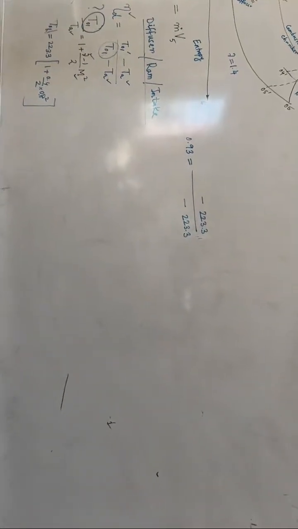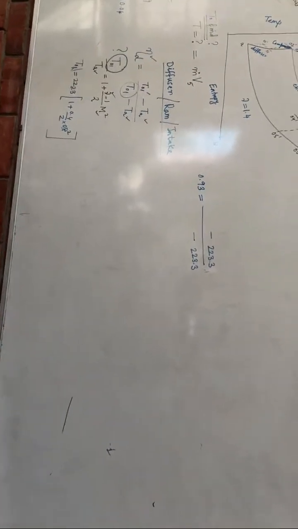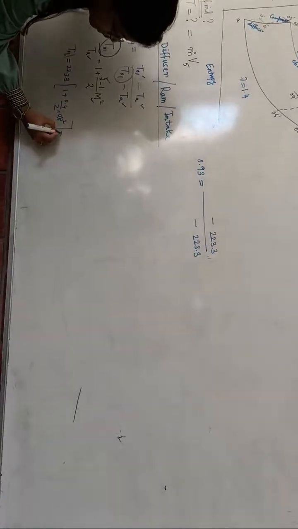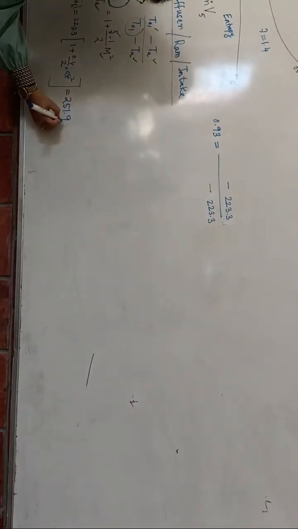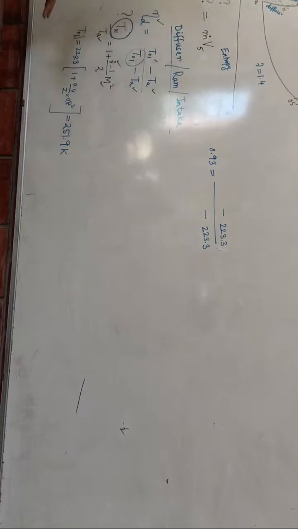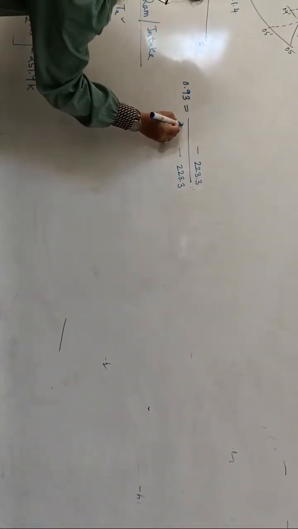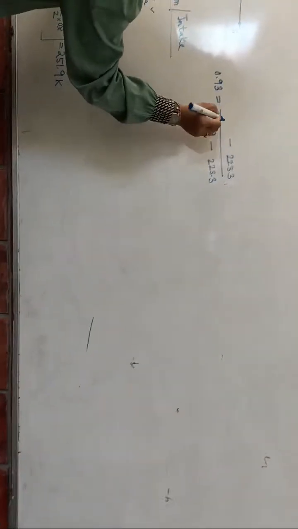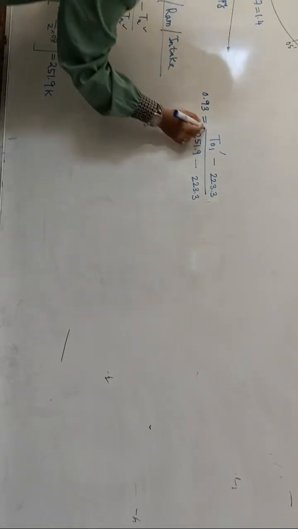What's the answer? 251. Very good. So here you are getting 251.88, and I am taking approximately 251.9. So I got my value of T01 as 251.9. This is T01 prime, which I needed to find out.